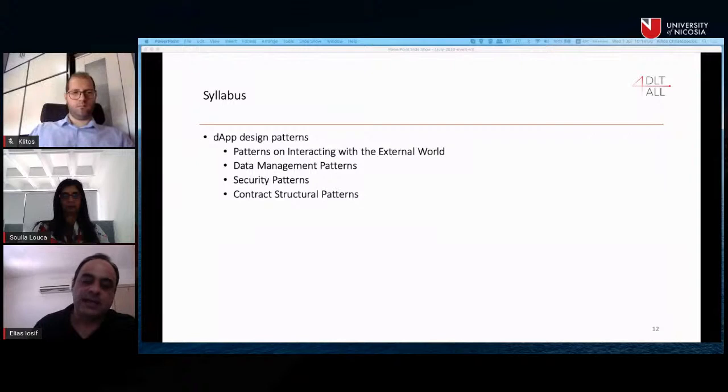And we consider this type of information of critical importance because we are trying to give the overall picture. Blockchain usually is used in combination with other technologies, both emerging as well as traditional technologies. And we have patterns for interacting with the external world.